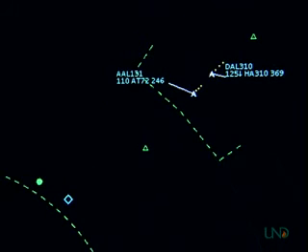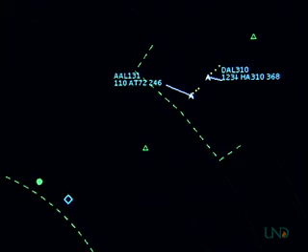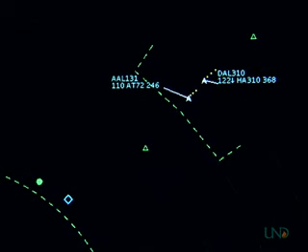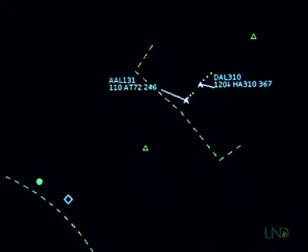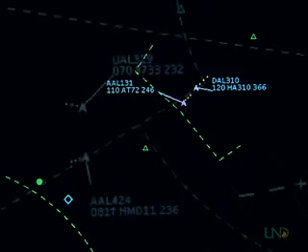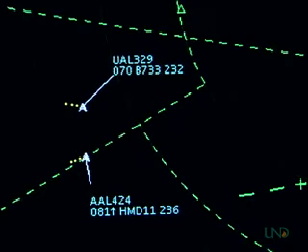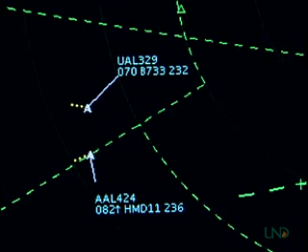American 131 traffic 6 o'clock, 3 miles, same direction. Heavy Airbus A310 out of 12400 for 12000. American 131, we have the traffic in sight. Delta 310 Heavy traffic 12 o'clock, 2 miles, same direction. ATR 72 level at 1000. Delta 310 Heavy, traffic in sight. United 329 traffic 3 o'clock, 3 miles, northeastbound heavy MD-11 climbing through 8000 for 12000, caution wake turbulence.